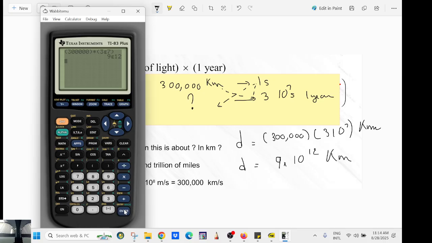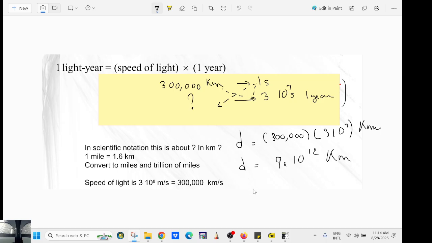Boom, and boom. 9 times 10 to the 12. Any question? Yes. Oh, you multiply, you take your TI. Isn't that a trillion? Yes, very good. Trillion. Exactly.